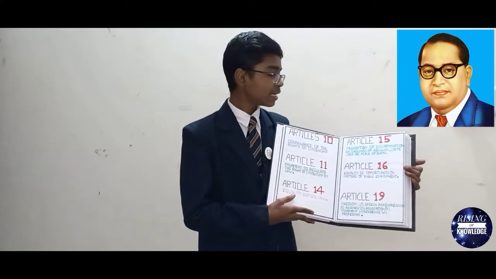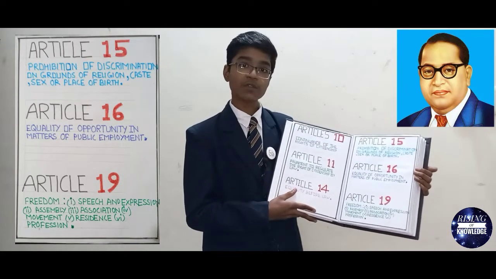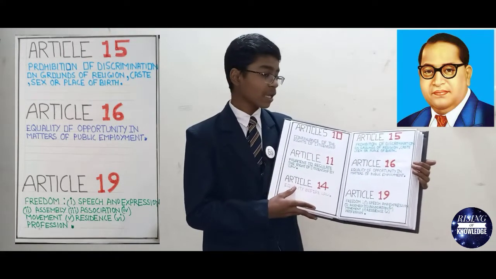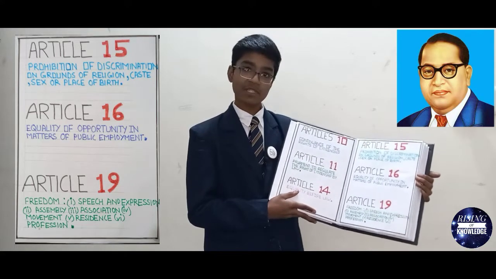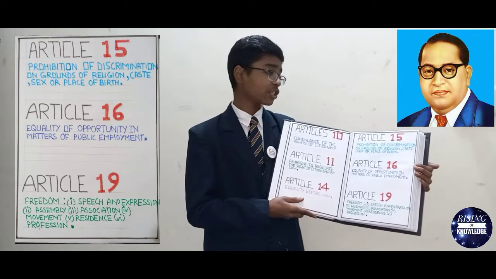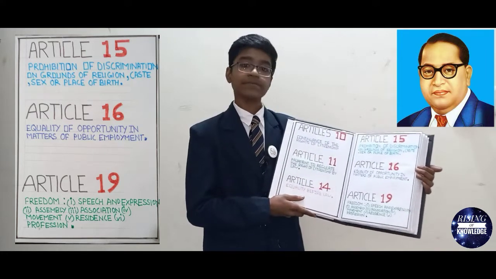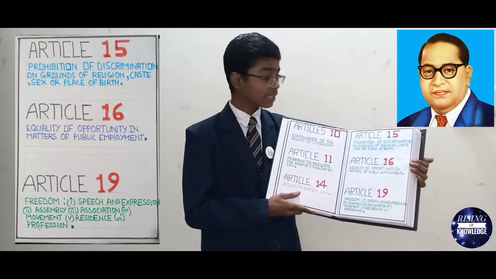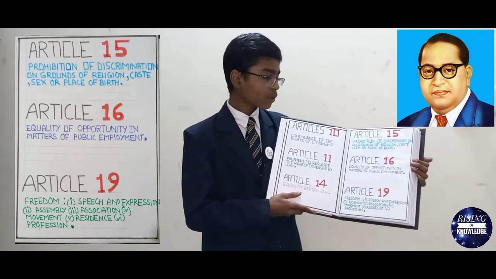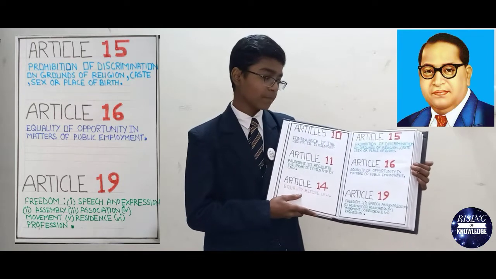Article 15 tells that prohibition of discrimination on grounds of religion, caste, gender, or place of birth. So this simply tells that there should be no discrimination on the basis of religion, caste, or gender. Moving towards Article 16, equality of opportunity in matters of public employment.